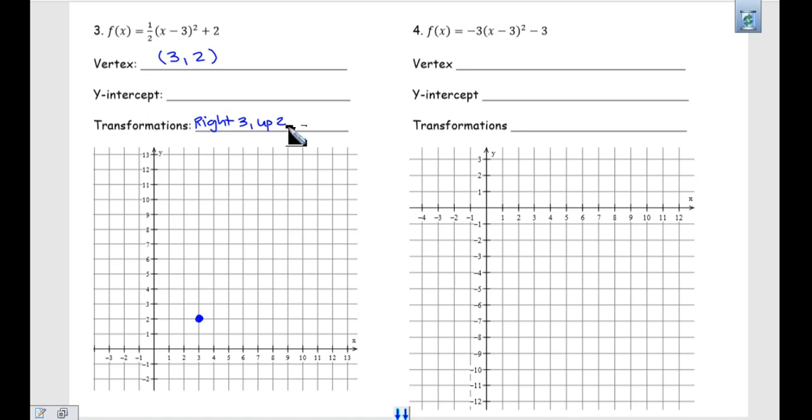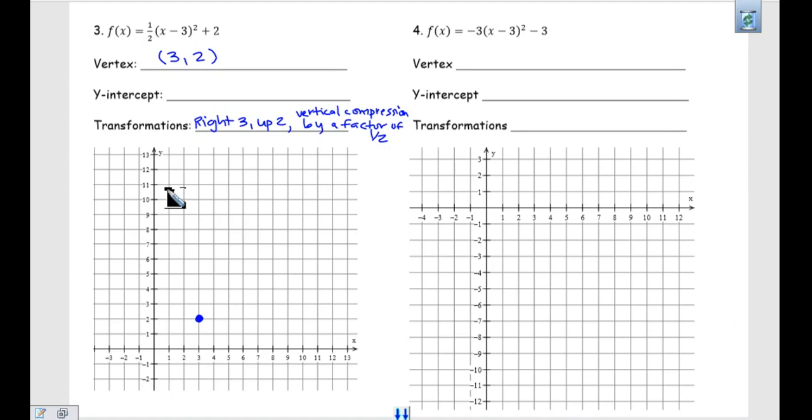So I'll go ahead and write that down. Vertical compression. And a lot of times when they write this, they'll say vertical compression by a factor of 1/2. It's kind of a lot to squeeze into that spot.